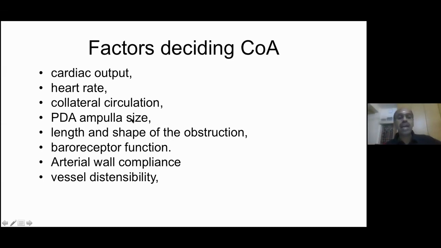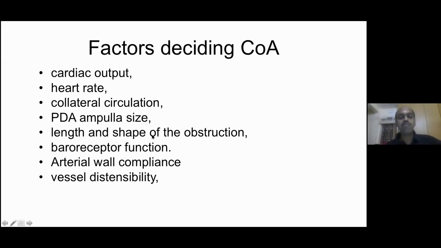So PDA ampulla size will decide the severity of coarctation, and this is one of the reasons why in patients who are having critical coarctation in the neonatal period, starting prostaglandin, even if it doesn't open the PDA but opens only the aortic end of the ampulla, may result in reduction of the gradients and maintain them for some time.